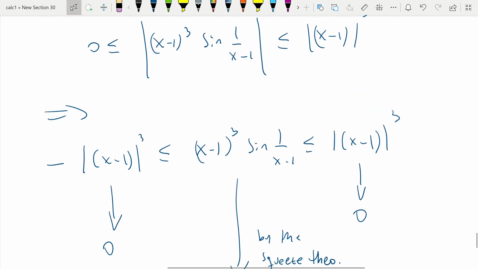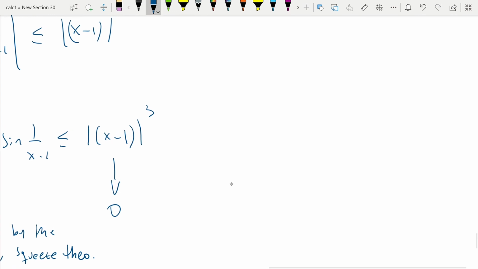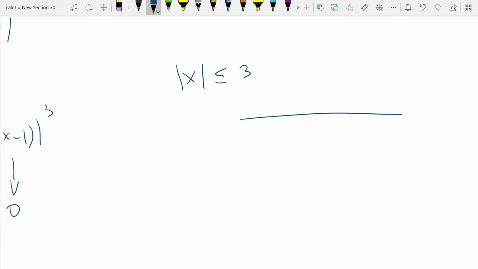And if you have questions about how we derive this inequality down here from the one up here, let's look at a drawing. If I say that the absolute value of x is less than or equal to 3, that means that x is somewhere in between minus 3 and 3.